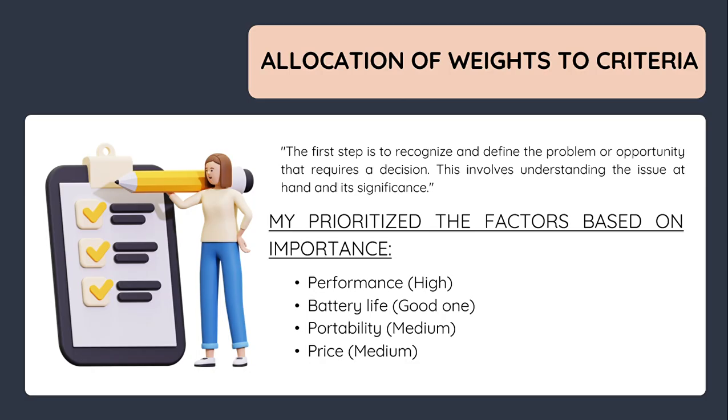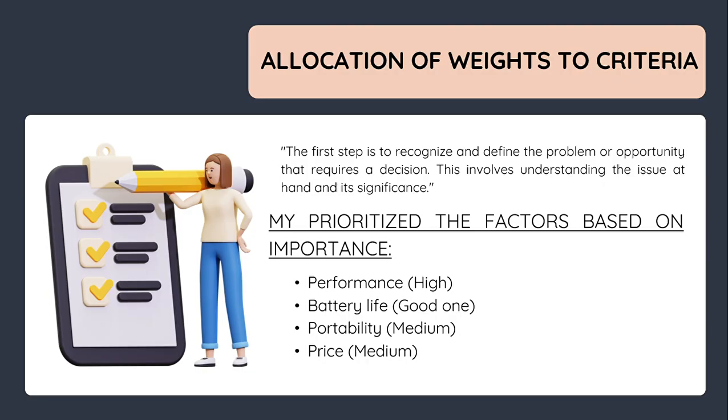The third step is allocation of weights to criteria. My priority, based on importance, is that the performance has to be at a high level and the battery life has to be a good one.